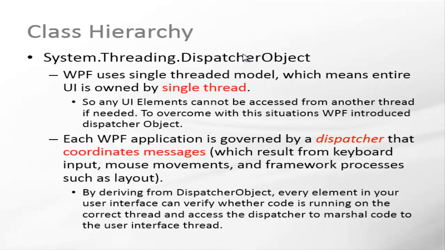I've told you that the entire UI is held by one thread, and you cannot interact with the UI using another thread. In that case, how do you send messages to the component? When I type something in the text box, the thread that owns the text box is not available to me. It is a separate thread. Then, how do you send the keyboard input or the mouse input to the other thread? Naturally, you have to send a message to the other side.